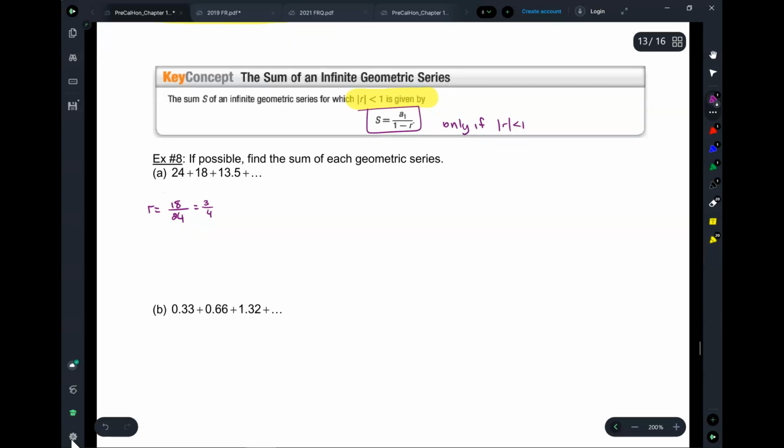Okay? And since r is less than 1, we can put it inside the formula. So s is going to be a1 over 1 minus r. What's r? 3/4. All right, go ahead and tell me how much that will be.